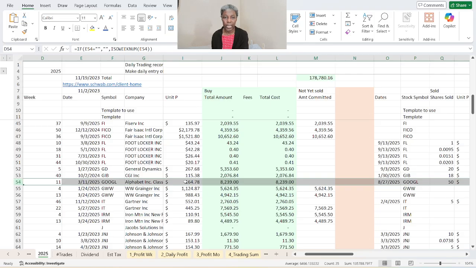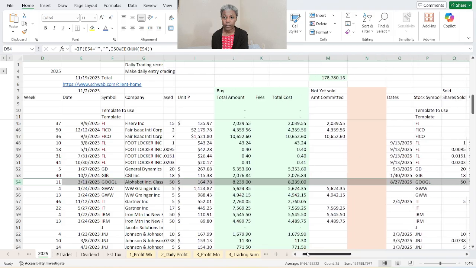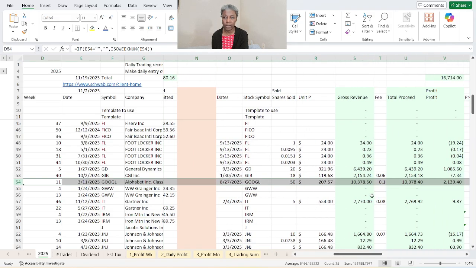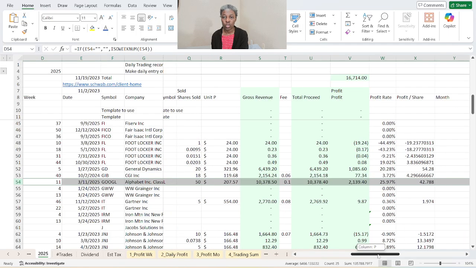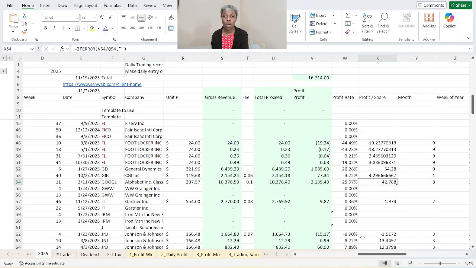So we bought it at 164 in March, and we sold it in August for 207. We paid a penny for the fee, and we made 2,139 profit, or 25% return, or $42 profit per share.